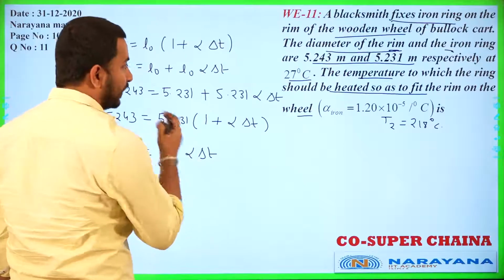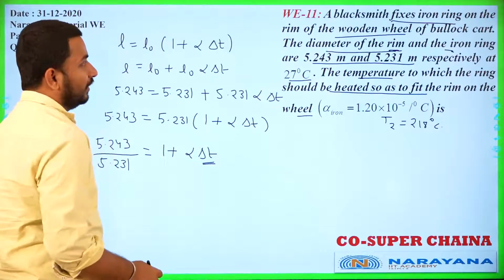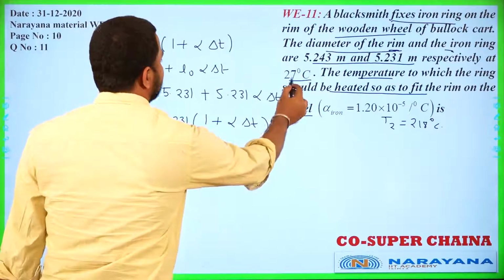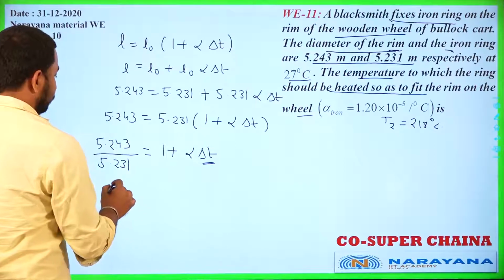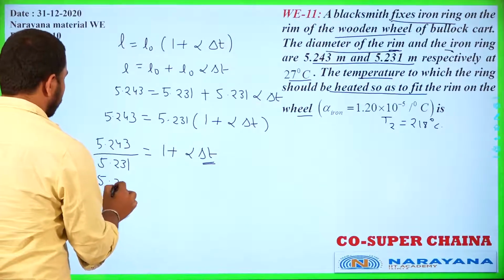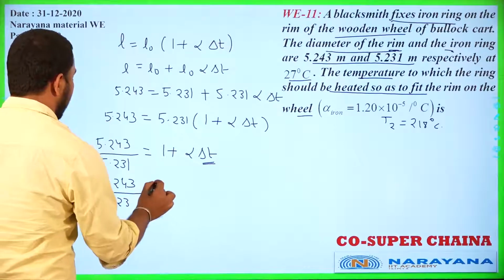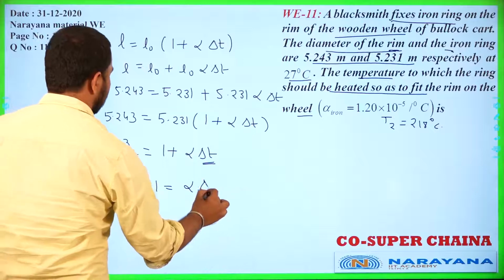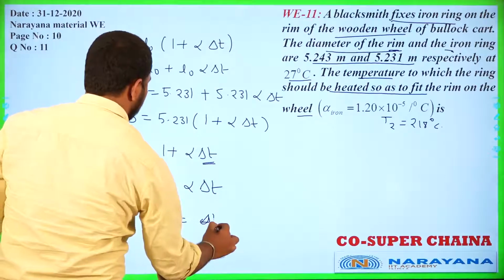What we need to find is the temperature at which the ring should be heated, so we need to find delta T. Initially it was 27 degrees Celsius. So 5.243 by 5.231 minus 1 is equal to alpha delta T, and from here delta T can be calculated.